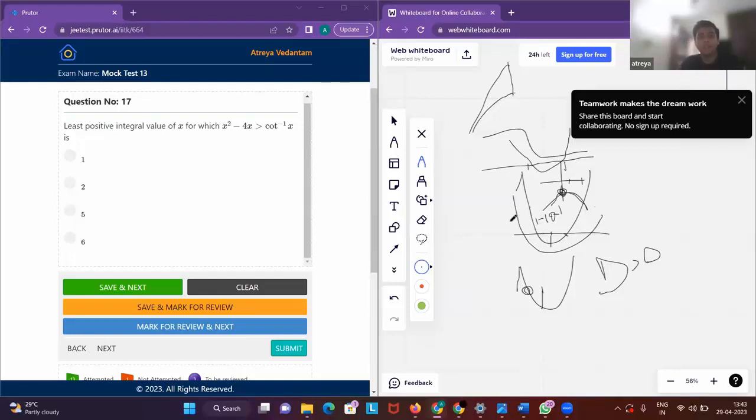Because between 0 and 4, x squared minus 4x is negative, whereas you know that cot inverse is always positive, right? So it's clearly above 4. Let's see 5. If you say 5, 25 minus 20, so that's 5. Is 5 greater than cot inverse of 5? This is a good question to analyze.